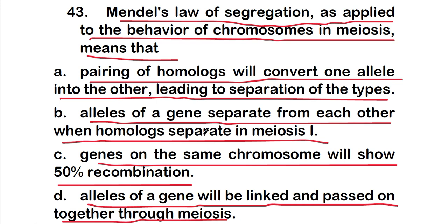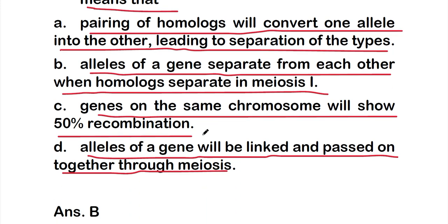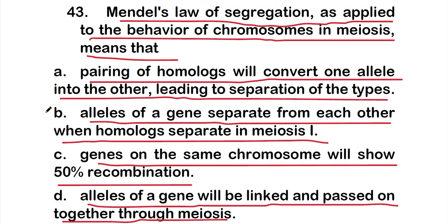So the right one about Mendel's law of segregation is option B, alleles of a gene separate from each other when homologs separate in meiosis 1.